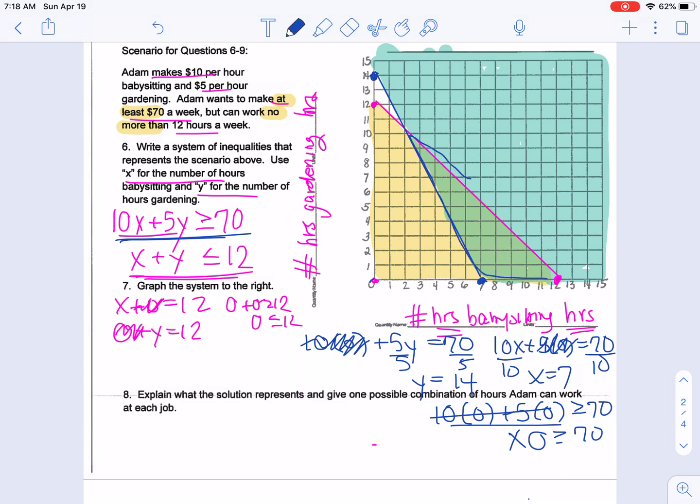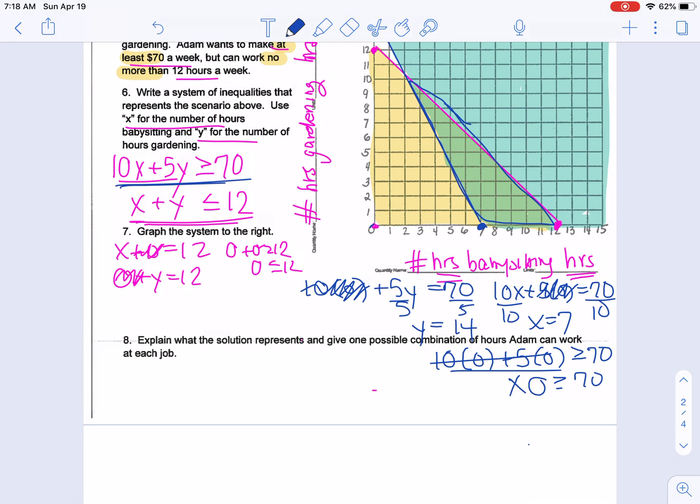Okay, so what do the solutions mean? And give one possible combination. Well, the solutions represent the number of hours that Adam can babysit and garden in order to work no more than 12 hours and make at least $70. So that's what I want you to write.